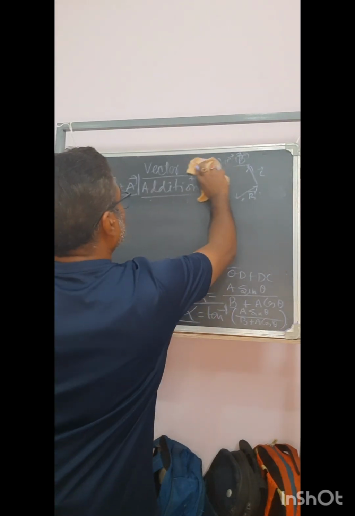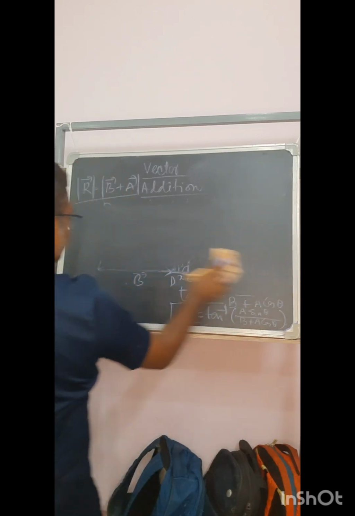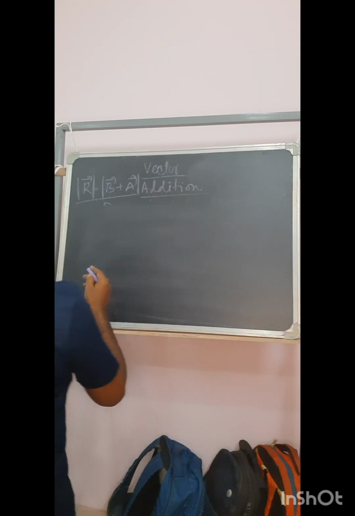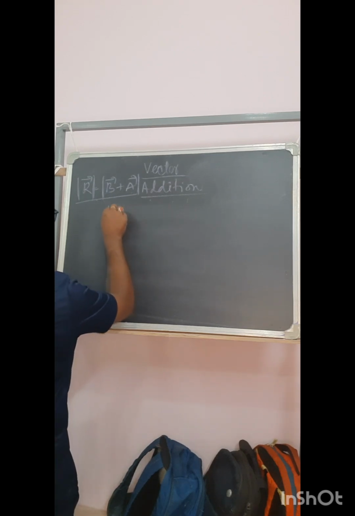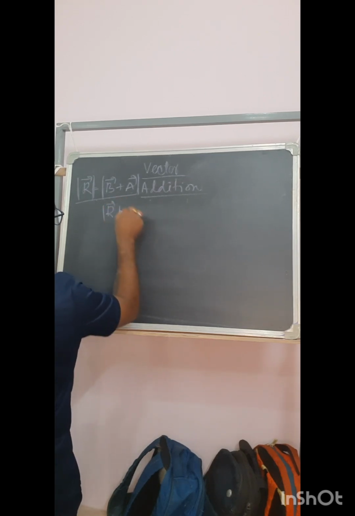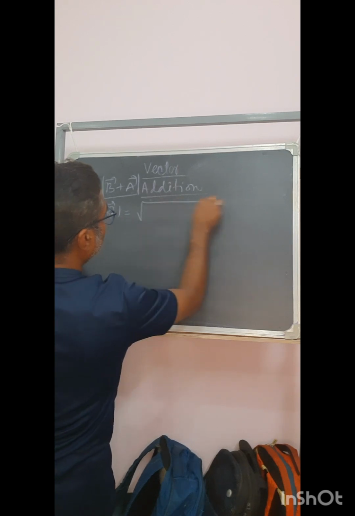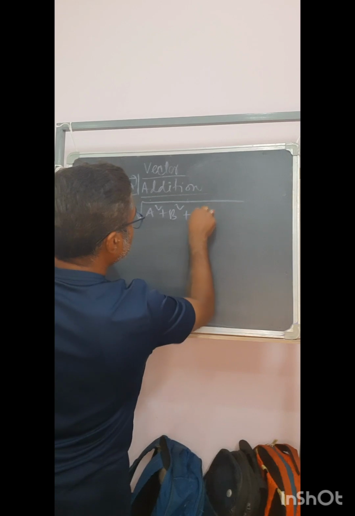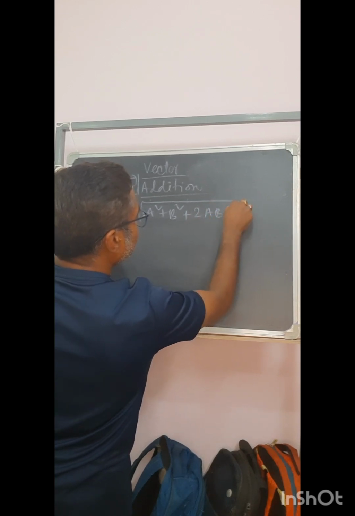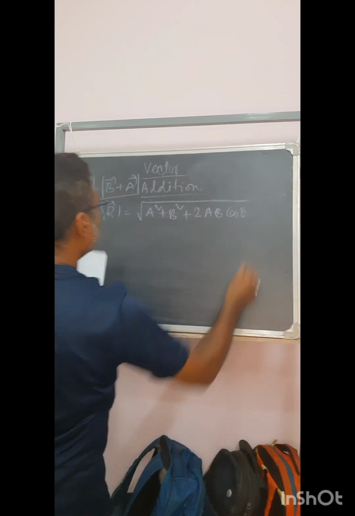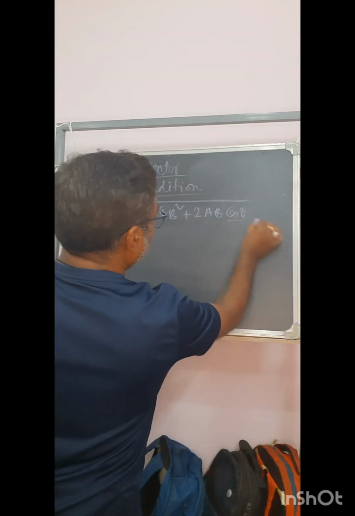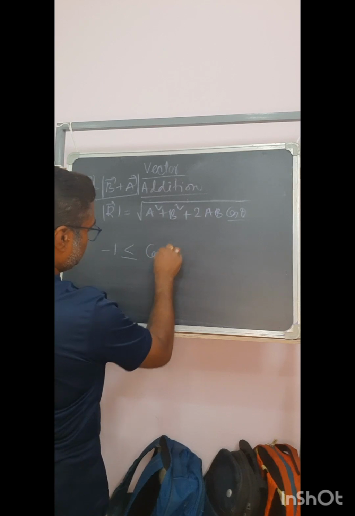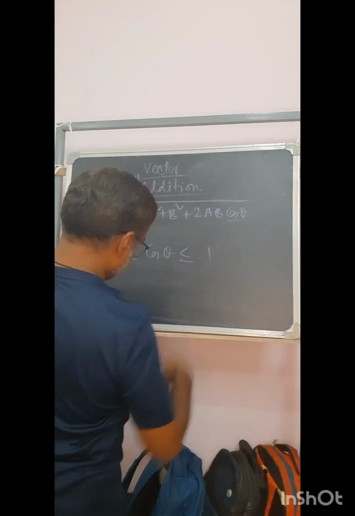And in some cases there may be possible, so now the resultant, I already have the formula, under root of a square plus b square plus 2ab cos theta. Now if you are aware of the value of cos theta, the cos theta may vary between +1 to -1.